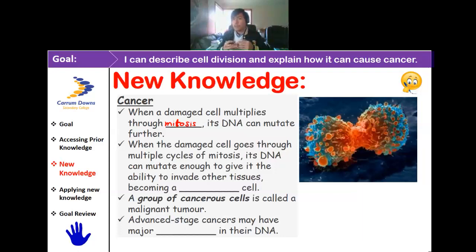Not to say that meiosis can't mutate DNA. Meiosis can, but it is very, very rare. And the reason for that is because, first of all, meiosis creates gametes, right? Sperms and egg cells.